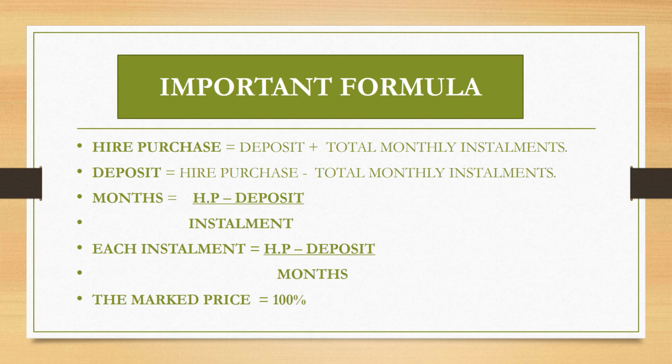Just keep in mind that the original price of something, as I told you last time, is what you call the market price and it is always 100%. And also, if you compare the market price and the hire purchase, it is the hire purchase that is always expensive compared to the market price.